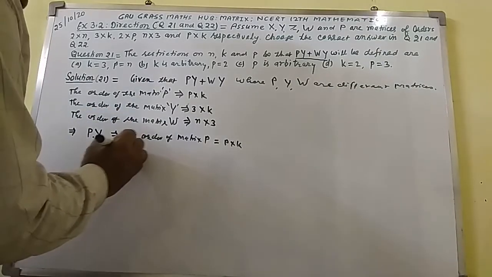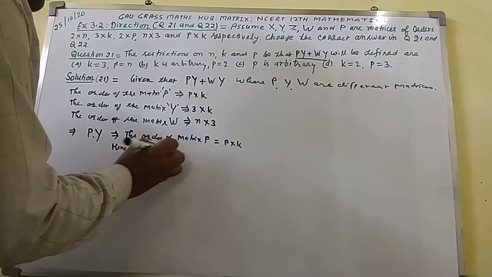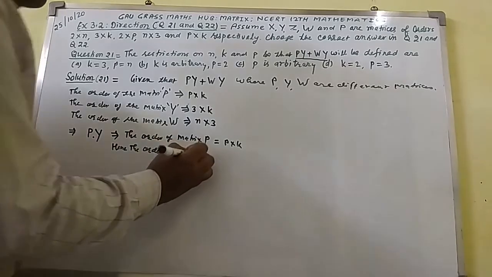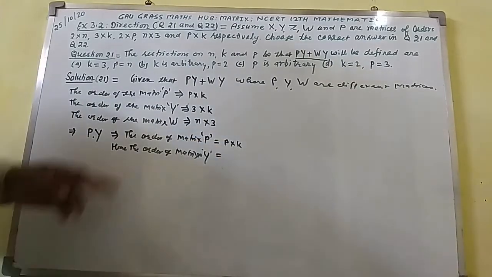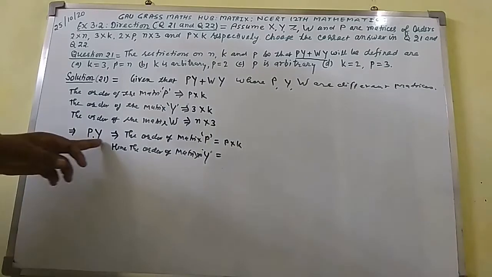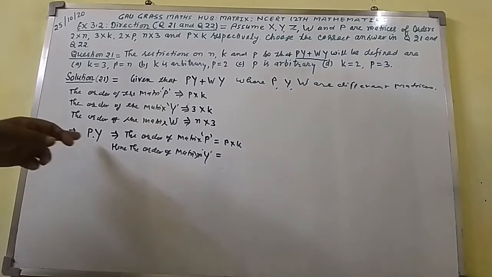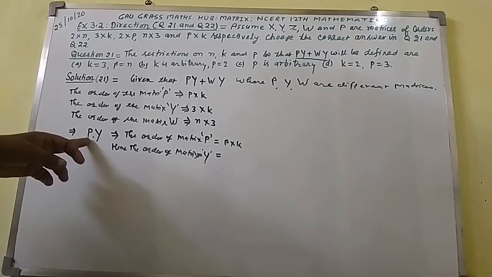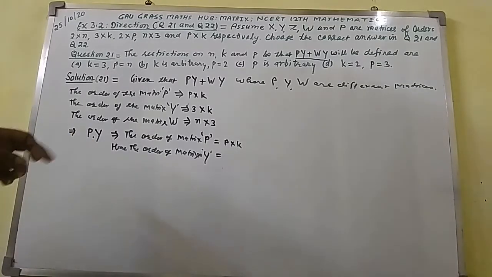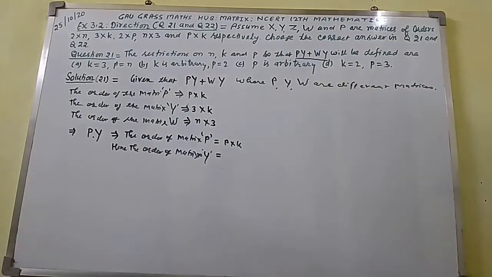Hence the order of matrix Y will be, here you can see the matrix P is multiplied to matrix Y. The multiplication of two matrices will be possible when the order of matrix P will be the same as the order of the matrix Y. That is not correct.